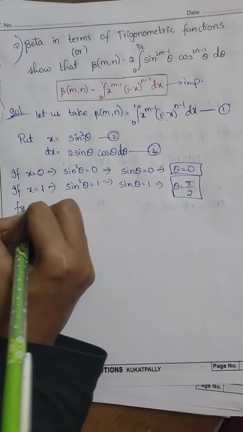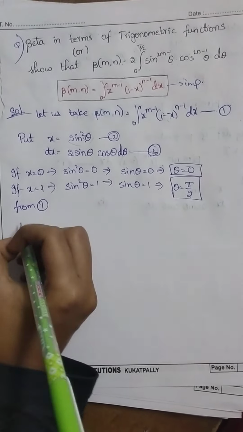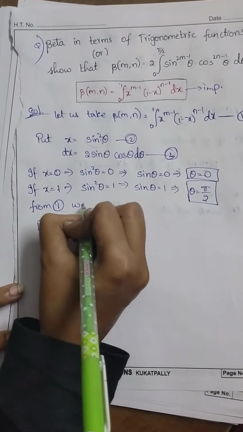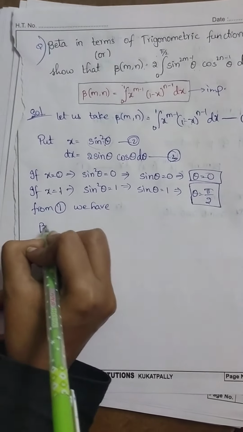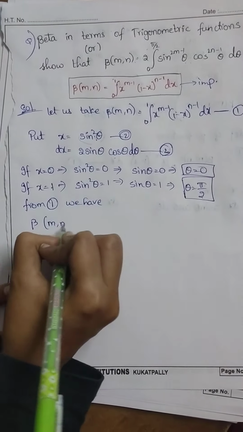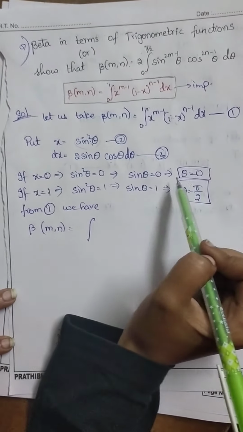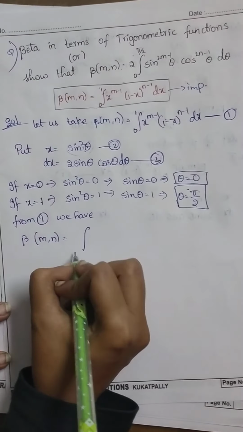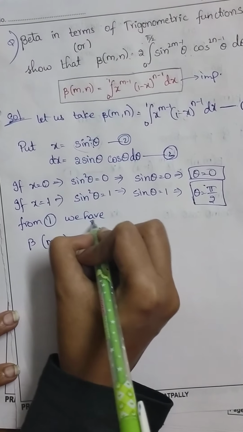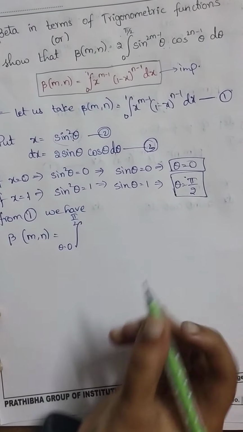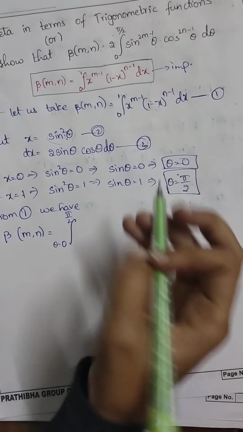Now from the first equation we have beta of m comma n equals integral. Now substitute these limit values, 0 to pi by 2.